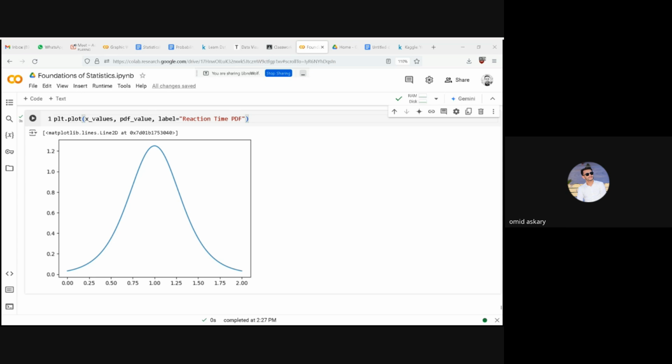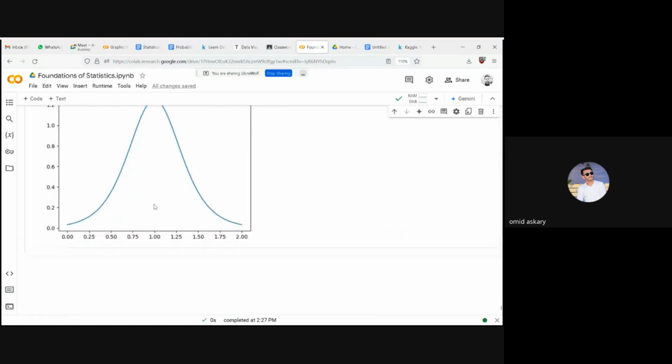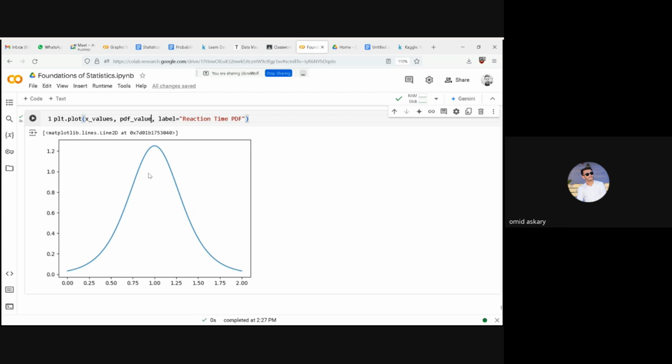This determines the common reaction time. The scale, which was 0.2 seconds, is the parameter that measures the spread of the curve.